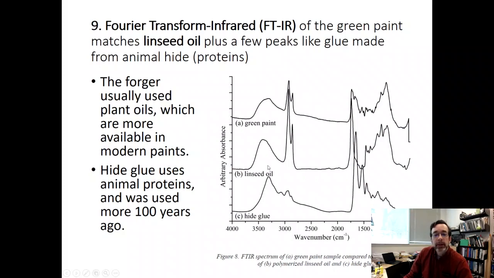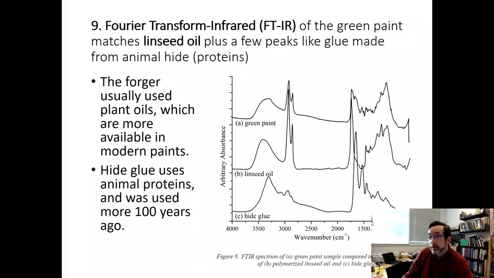The difference between these is that linseed oil is more modern. It was more available in modern paints. Old paints, especially folk art in that area, would use hide glue. They made glue out of skin. Actually, we mentioned the Santero used the hide of a rabbit to make glue, to make a binder.